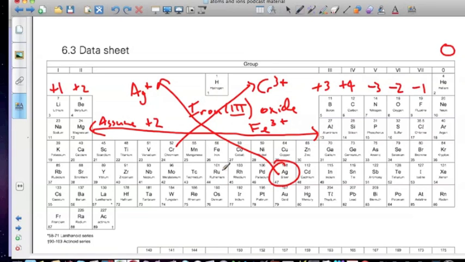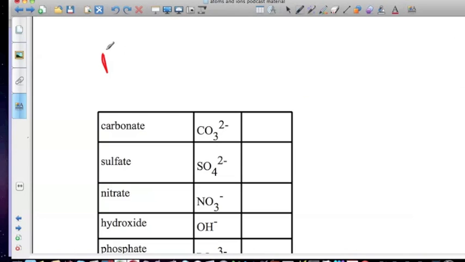So those are the ions that the atoms of the periodic table form. It's all to do with their position in the periodic table and whether they gain or lose electrons. Now, there are a few polyatomic ions.